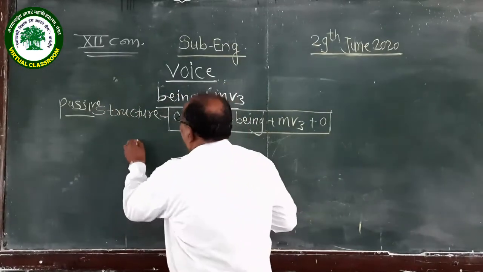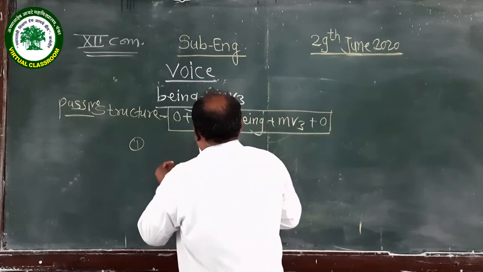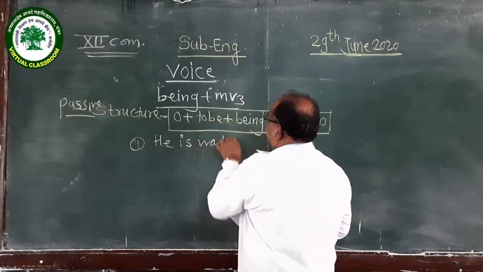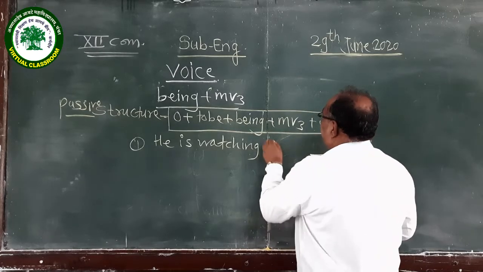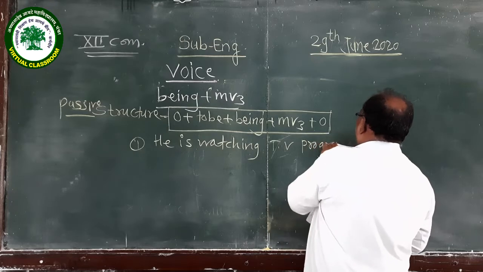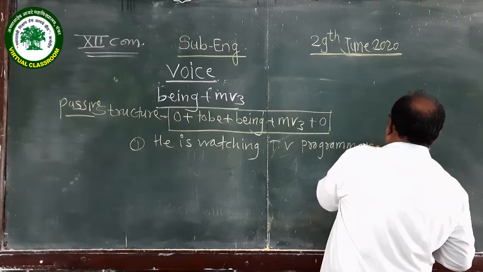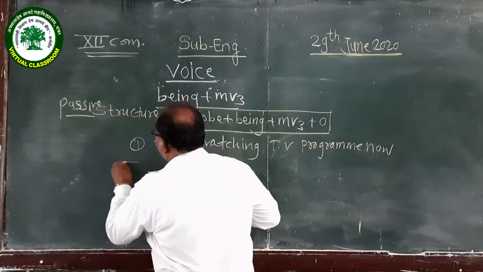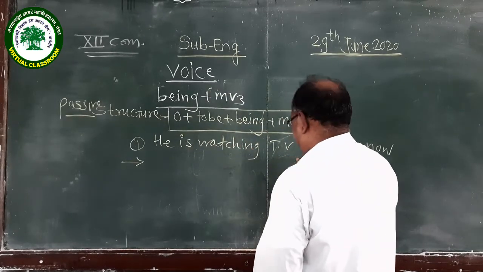For example, we will deal with one example. He is watching TV program now. Now this is a sentence in continuous present tense. How should we change it into passive form? Look at the object here, TV program.